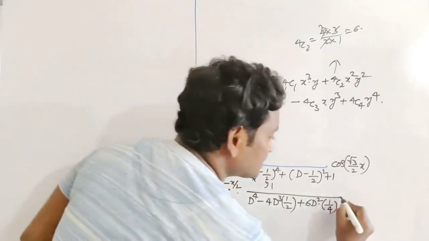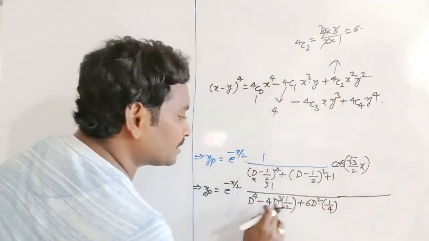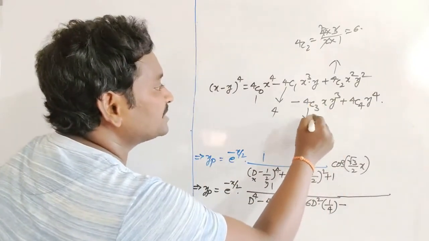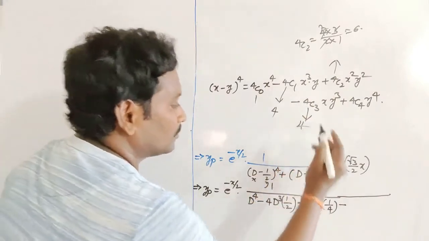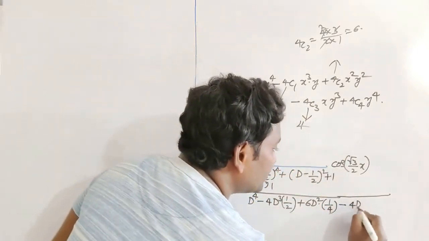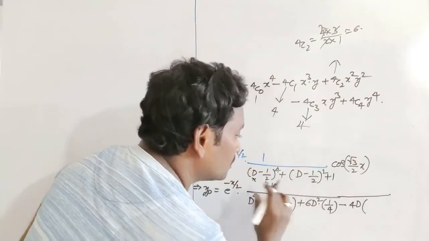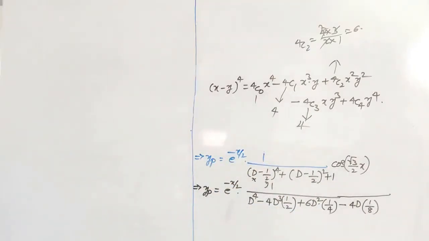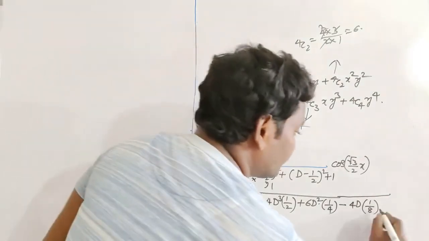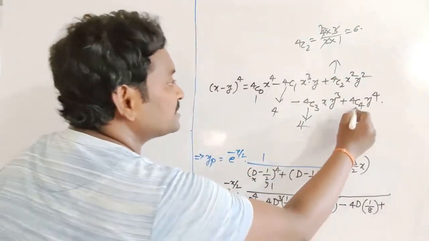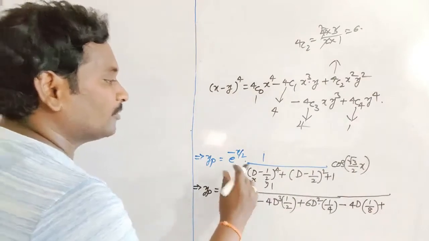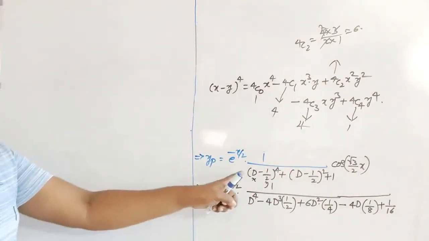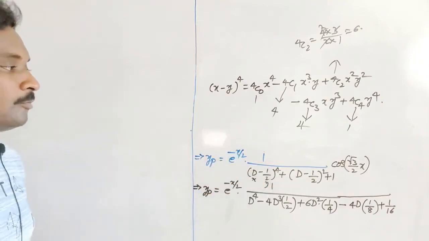Minus, alternately we will get plus minus, 4c3 means 4, so 4 into d into 1 by 2 whole cube, it would be 1 by 8, plus finally 4c4 is also 1, y power 4, it is nothing but 1 by 2 whole power 4, it would be 1 by 16. This is the expansion of just d minus 1 by 2 whole power 4.